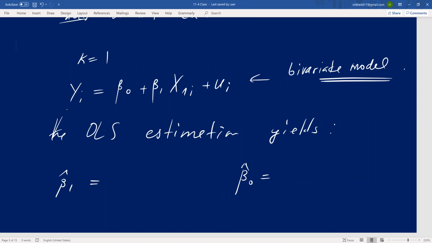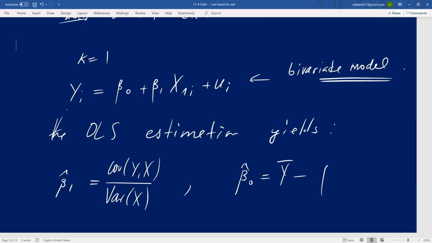Can you tell me what beta hat 1 equals to? That is the covariance between y and x divided by the variance of x. And beta hat 0 is equal to y bar minus beta hat 1 times x bar, right?